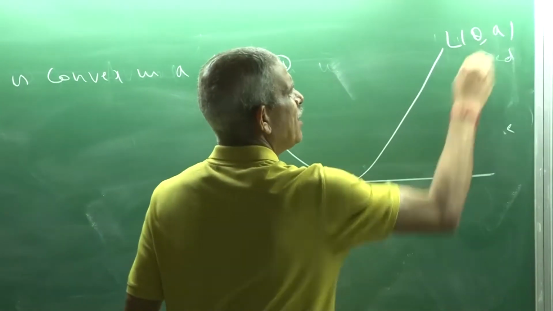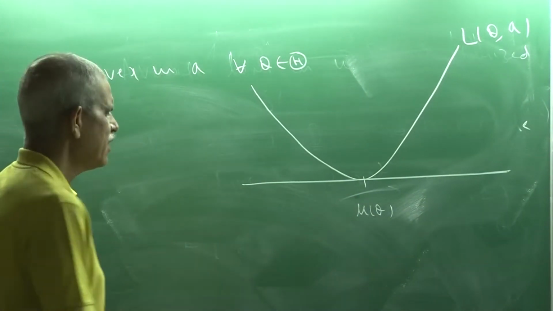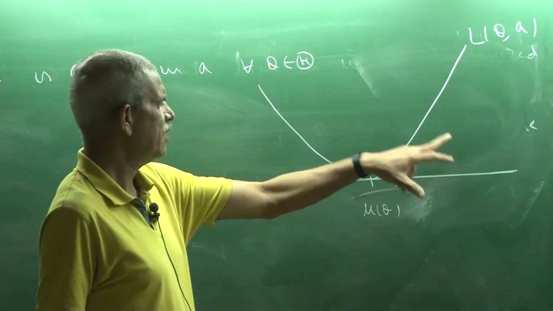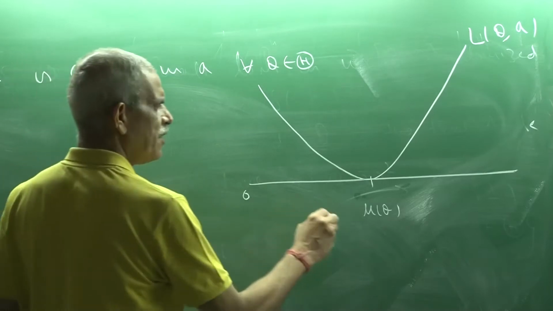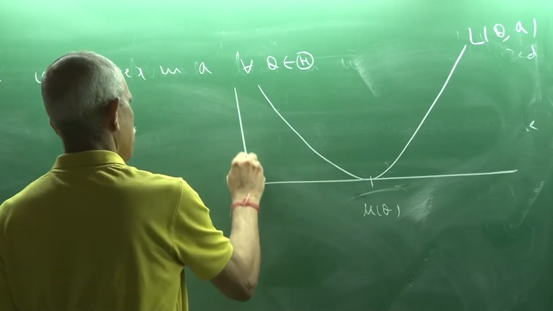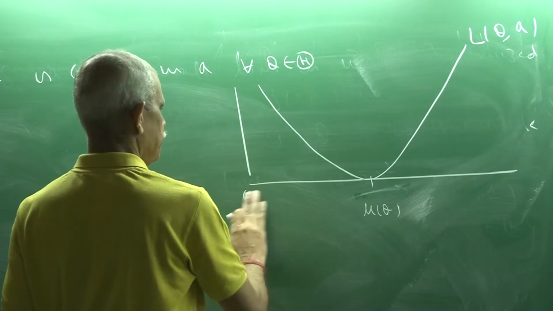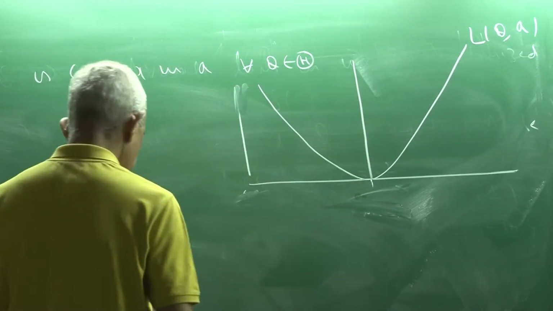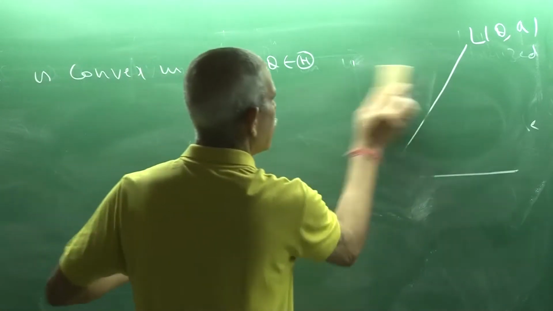So my loss should be 0 when A is the same as mu theta, and as A moves away, it increases. Let me make a clearer graph.